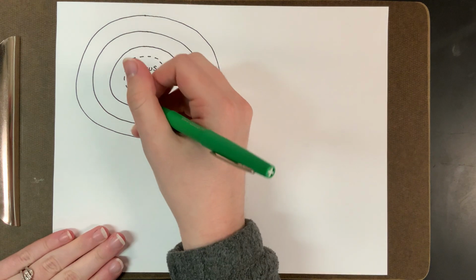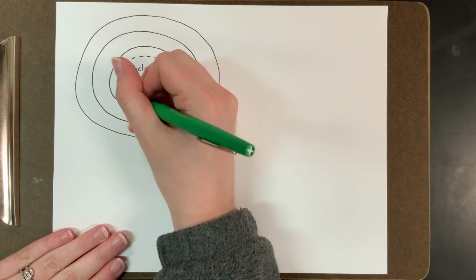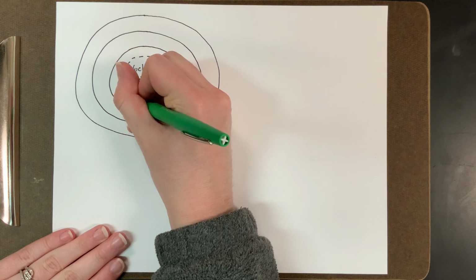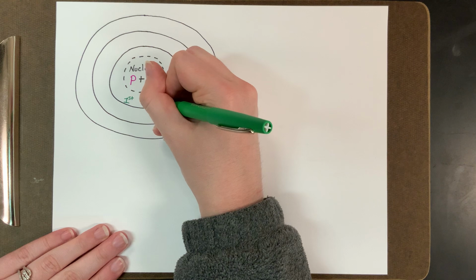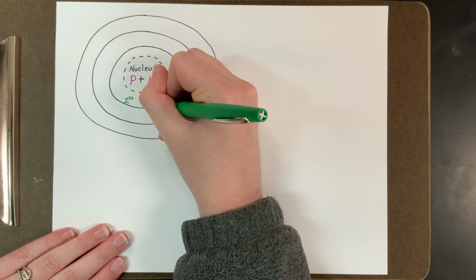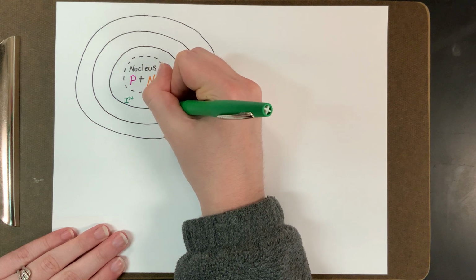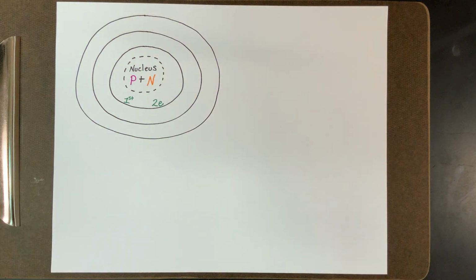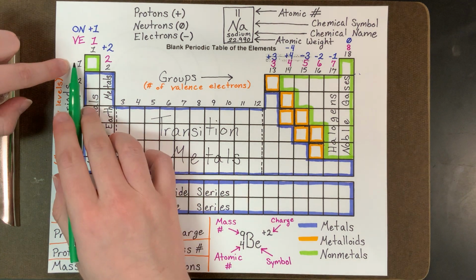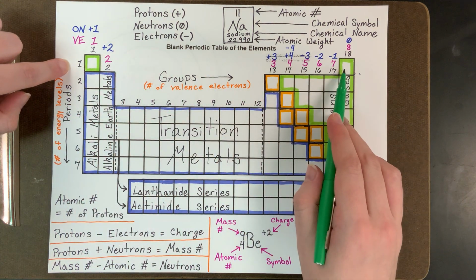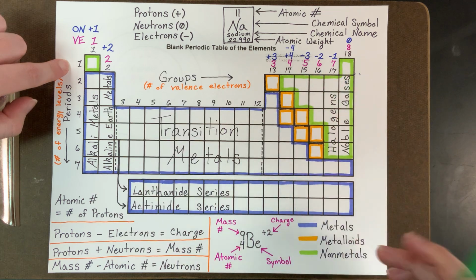So when I'm looking at the first energy level, the first energy level is only going to hold up to 2 electrons. And that's because when you look at your periodic table, I'm gonna bring this back real quick. When you look at your periodic table, period 1 only has 2 elements in it.